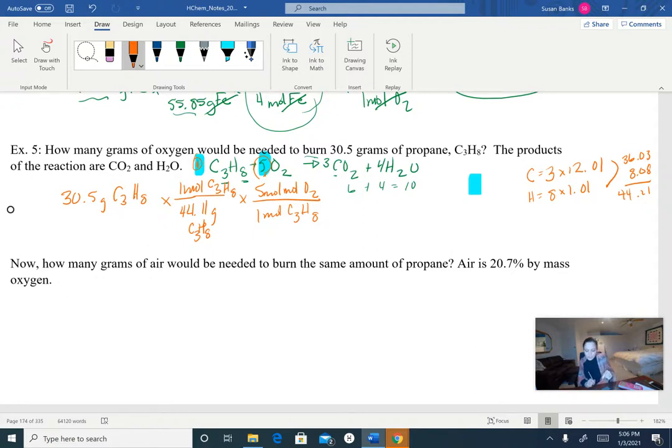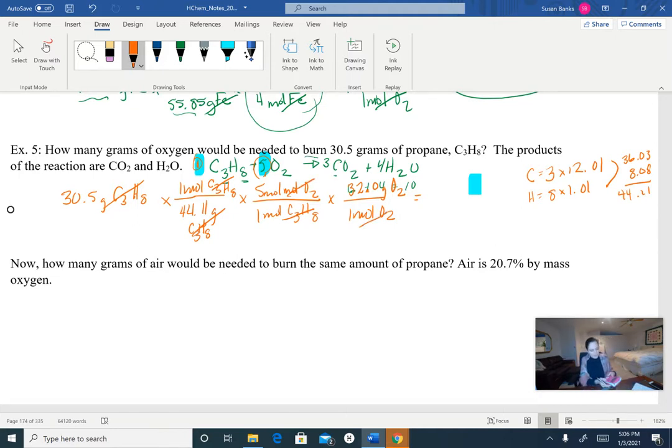My last step is to go from moles of oxygen to grams of oxygen. So in 1 mole of oxygen, I have 32 grams of oxygen. Okay, so my grams of propane cancel, my moles of propane cancel, my moles of oxygen cancel, and I now have grams.